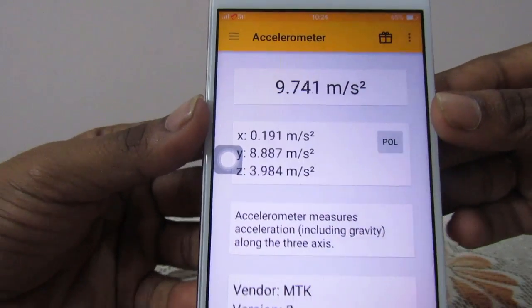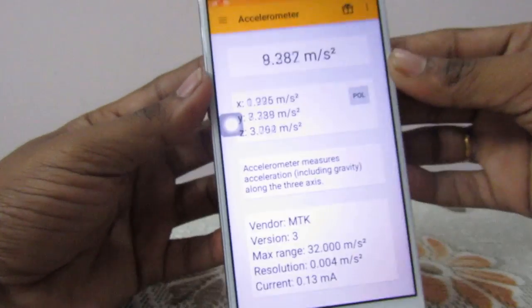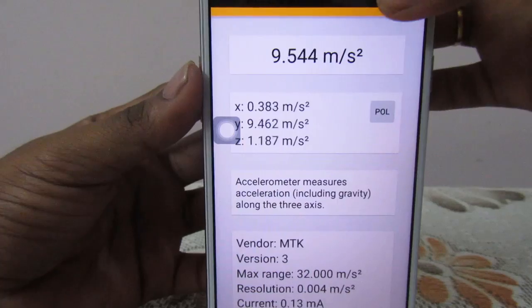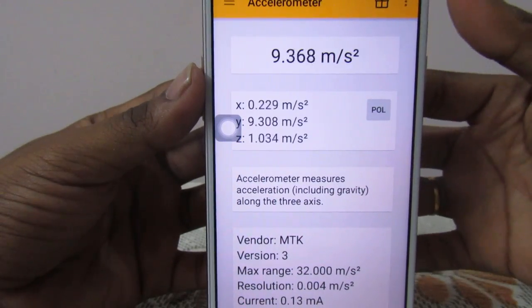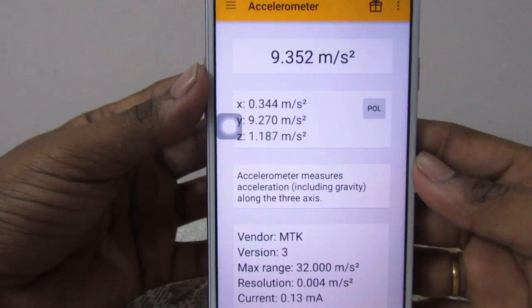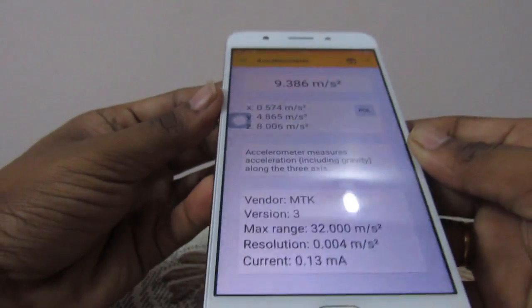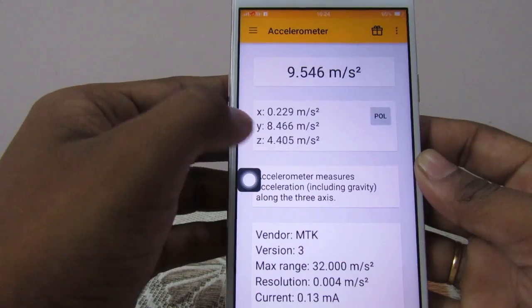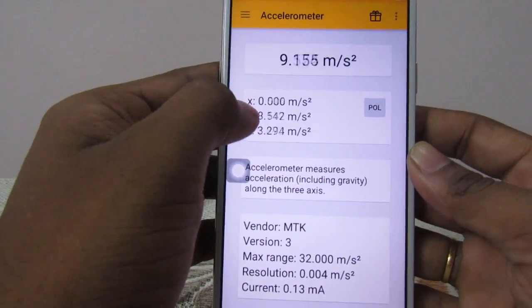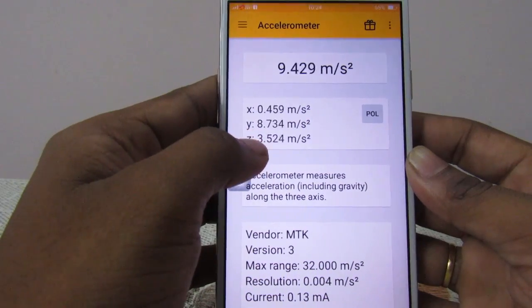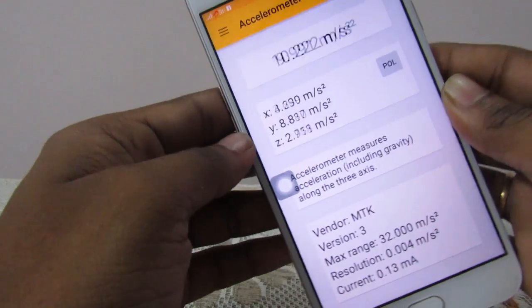Here it shows the accelerometer. It's an accelerometer test, and it shows in which direction we can move. Its x is 0.3, y is 8.7, and z is 3.9.